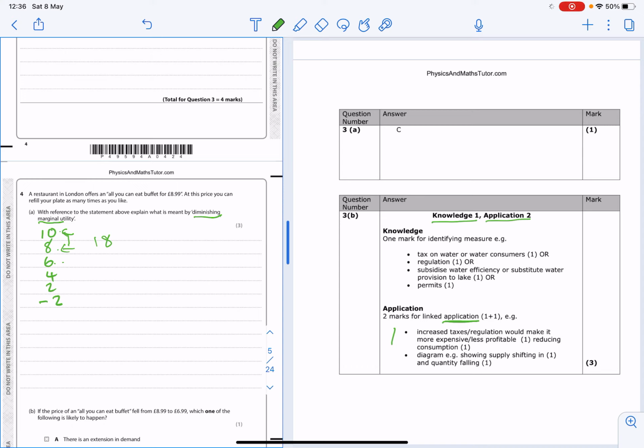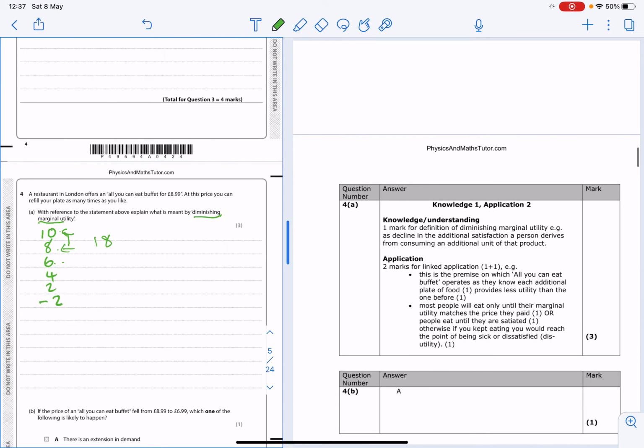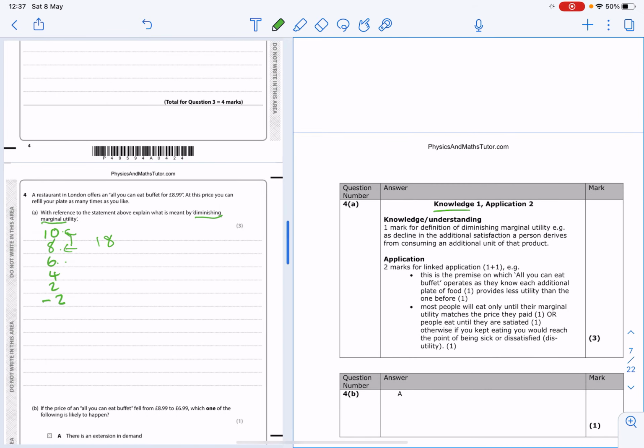With reference to the statement above, explain what is meant by diminishing marginal utility. So let's have a look at how they want you to answer that. Again, that's 1 for knowledge and 2 for application.